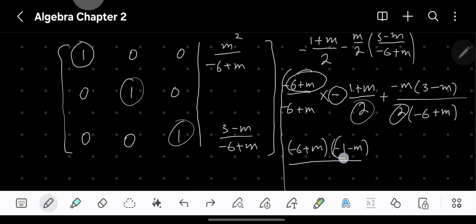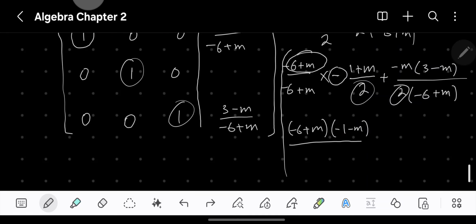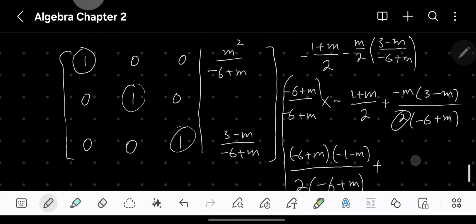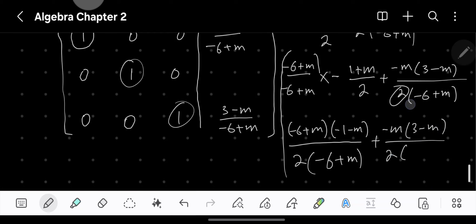So that's why I have written minus 1 minus m. Okay, and below, what's the denominator? In the denominator, I will multiply this with 2. I will write 2 times minus 6 plus m, plus, do this thing as it is, minus m times 3 minus m over 2 times minus 6 plus m.